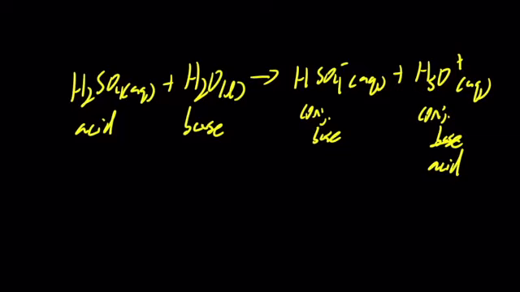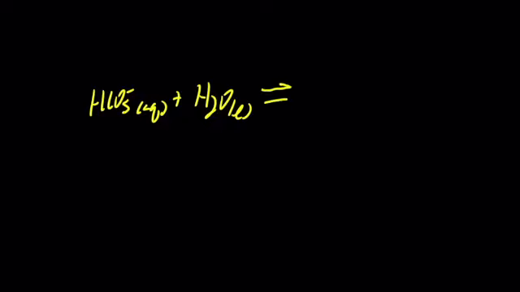Let's practice with one more chemical equation, where we have HCO3 minus, and we want to react with H2O. So HCO3 minus is not a strong acid, so it's going to require a double arrow. And let's identify which one's a base.